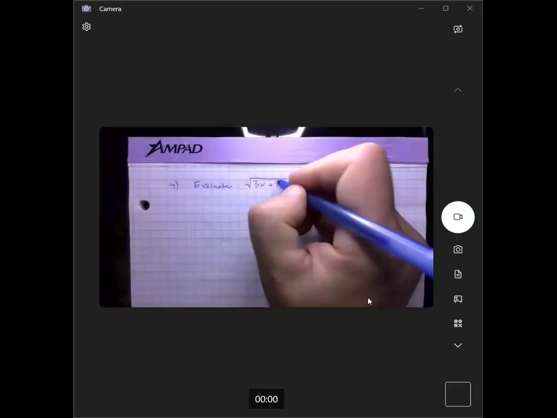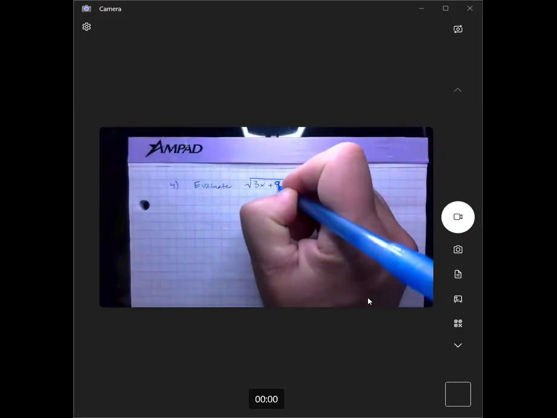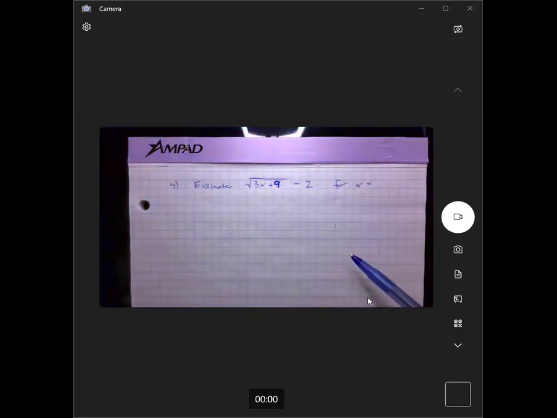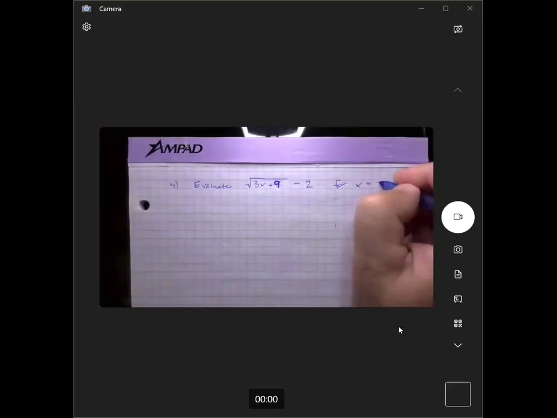All right, let's change that to 3x plus 9, for x equals 24.